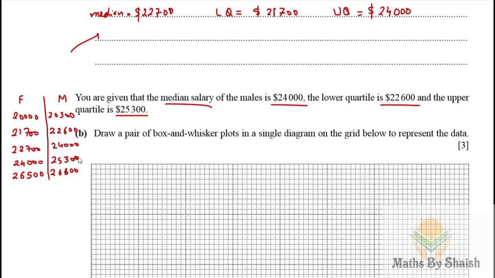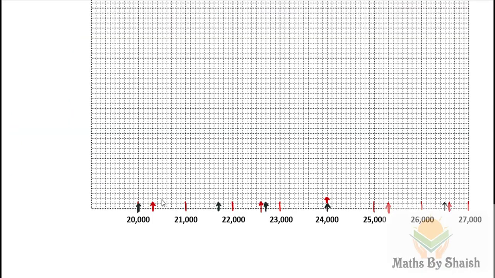So for the box and whisker plot we require this data. I have marked the values accordingly in the diagram. Here I have marked this 10 unit distance as 1000, so it is 20,000, 21,000 till 27,000. I have marked the data for females in green and for males in red.